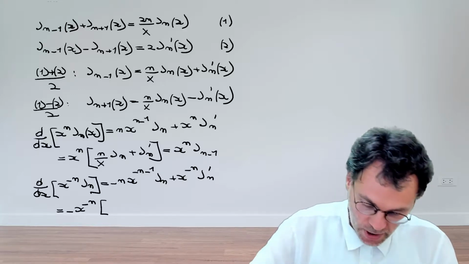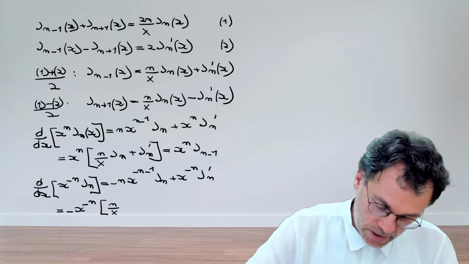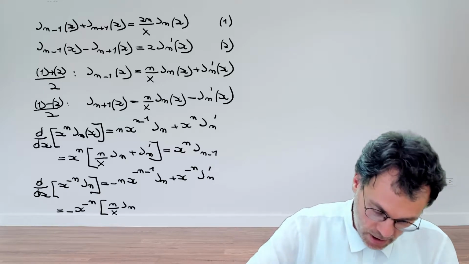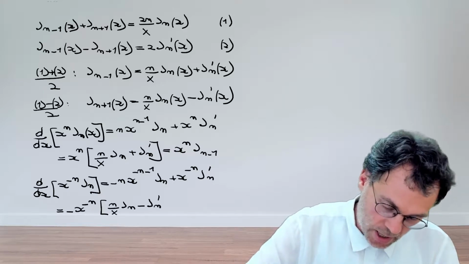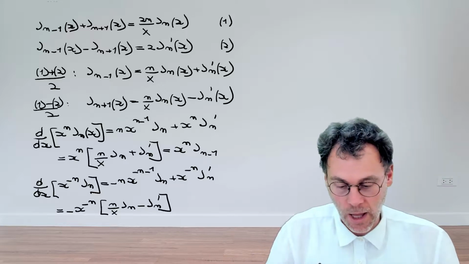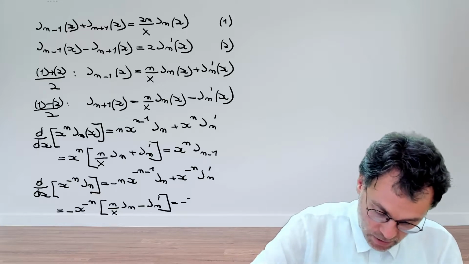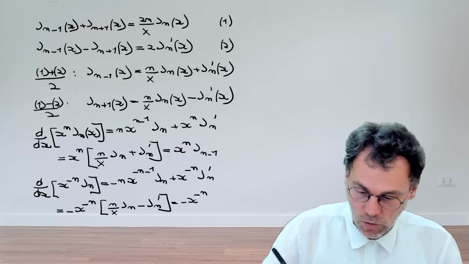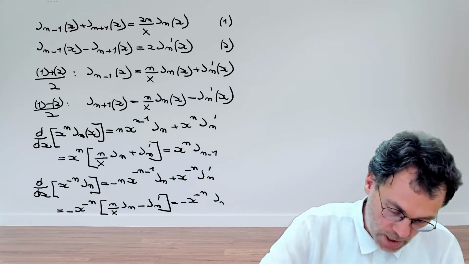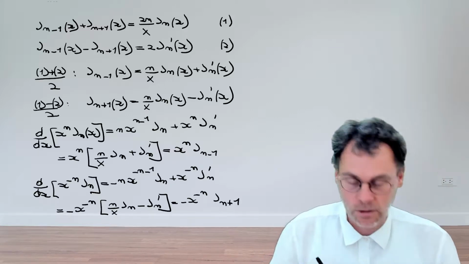Doing that, we get an n divided by x J_n minus J_n', which is indeed what we needed to show is equal to J_{n+1}.